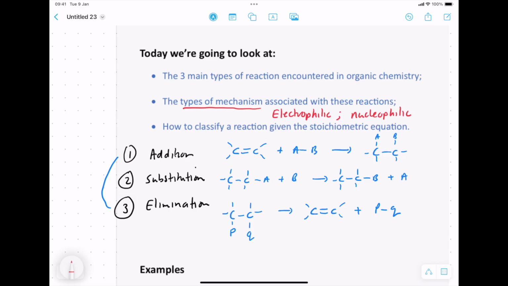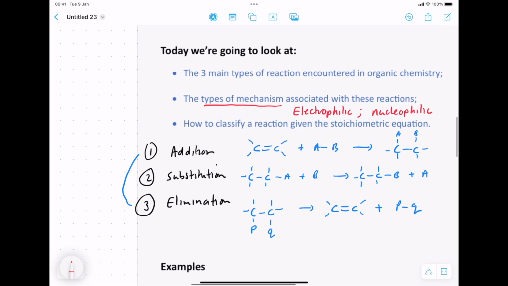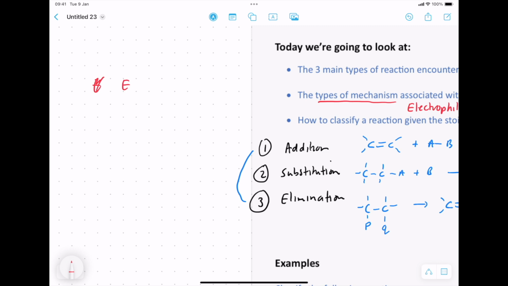Right, at this point, it's probably a good idea to define what an electrophile is. An electrophile, sometimes written as just E+, is defined as an electron pair acceptor, and for that reason, it is going to be electron deficient. What does that mean? It's likely going to be carrying a positive charge. For example, a carbonyl group is probably the best example, where you have a delta positive, delta minus.